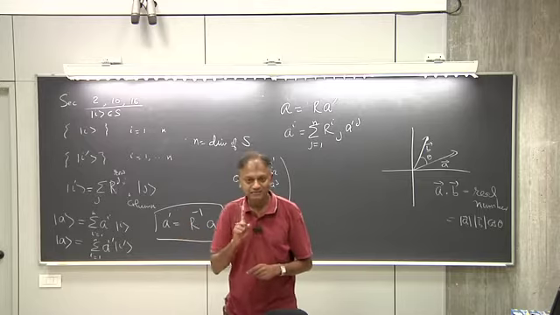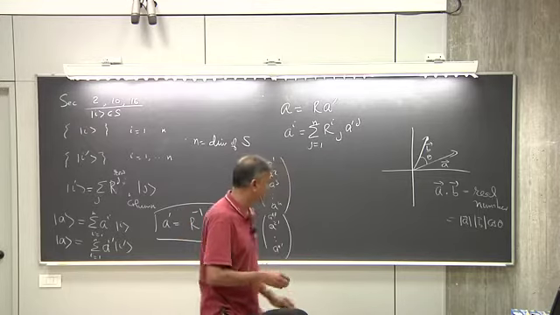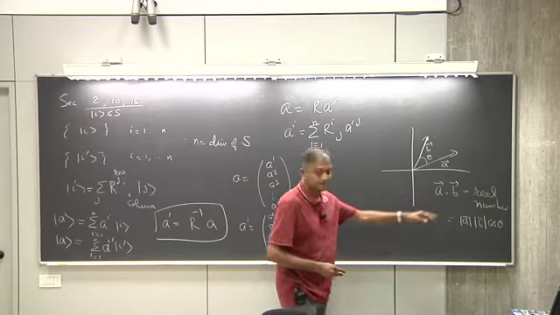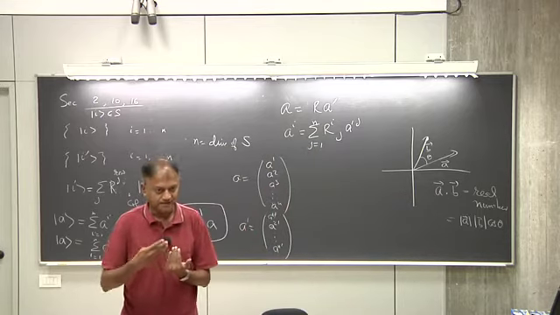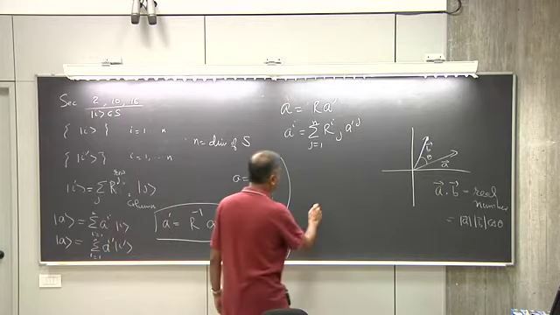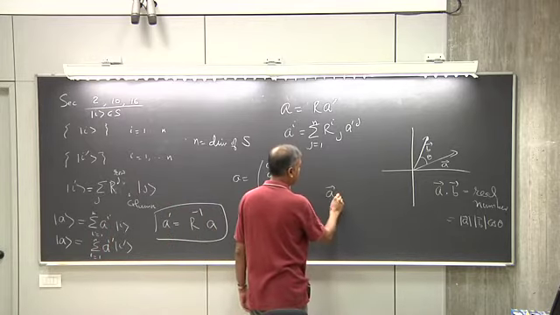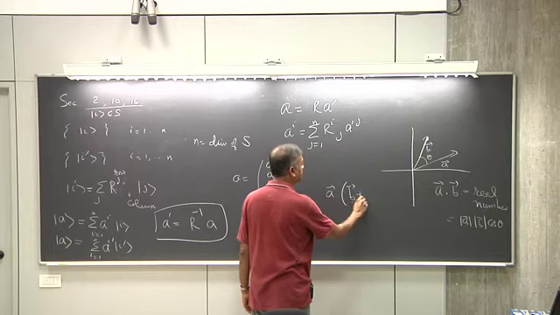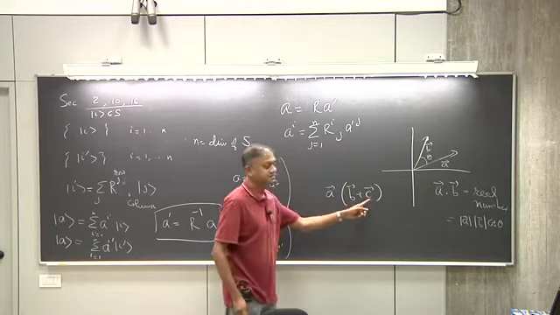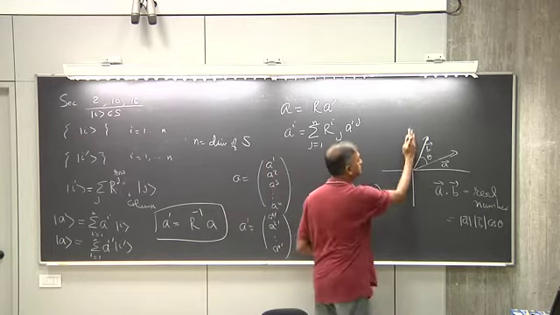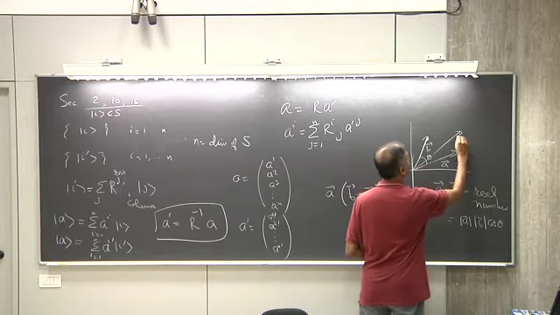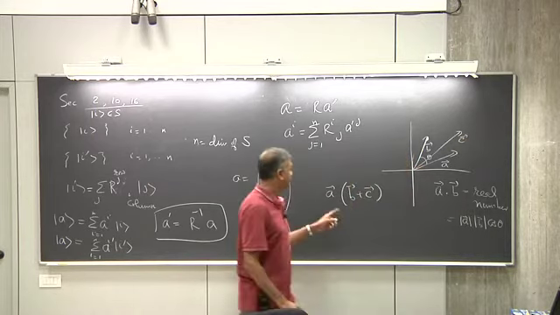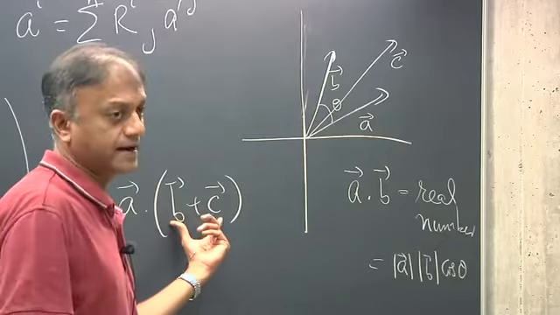But it is not completely arbitrary. There's a very important relation. You remember in the vector space, we have the structure of addition. That is the main thing. So what if I take A dot (B plus C)? I have two vectors B and C. Let's say there is another vector C here, and B plus C is again another vector.